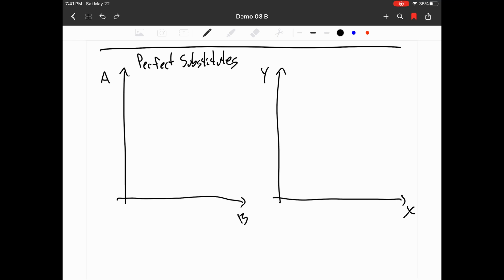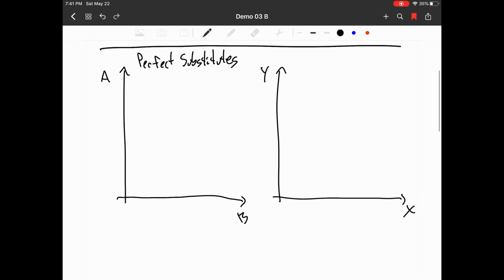Well, if I'm at a point x1, and let's say there's 10 of A and 2 of B.